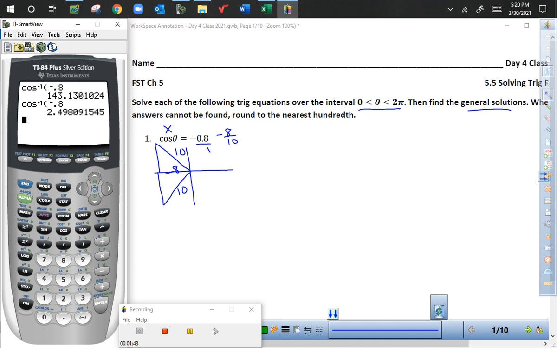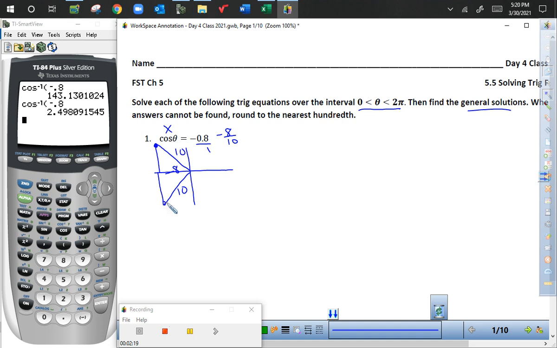Now, a big reason why I wanted to show you this is because your calculator is giving us one of these 2 points. We always want to talk about measuring angles in radians, but what's important here is that it's positive. So that means we have to go counterclockwise to get to those points. So this 143 is actually our quadrant 2 value.